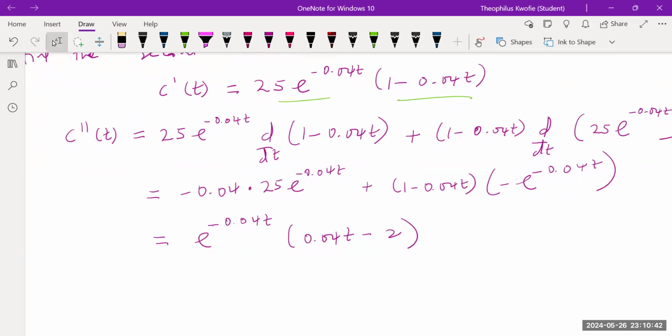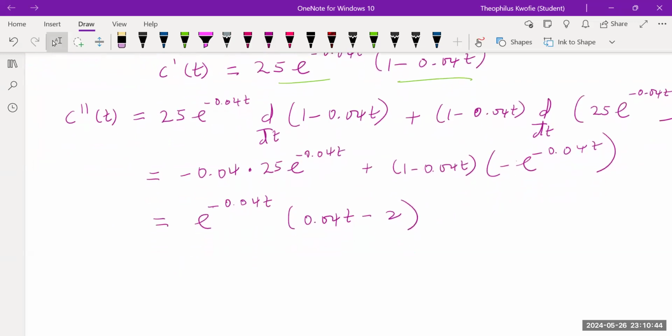Good. Now we are going to evaluate this at the critical point, the critical value, and we saw that the critical value was 25, right?